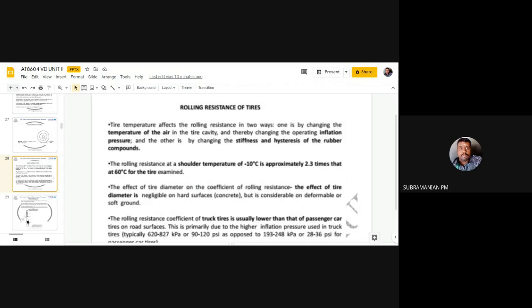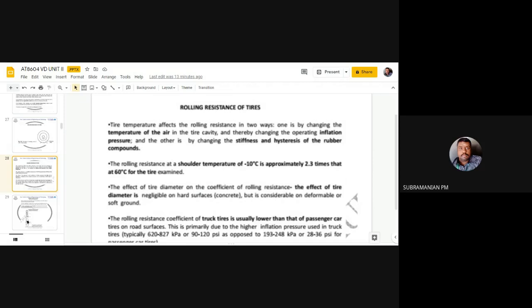The reason is that the temperature change will change the stiffness and the hysteresis losses also. So it affects both parameters, and my rolling resistance increases at lower temperature.